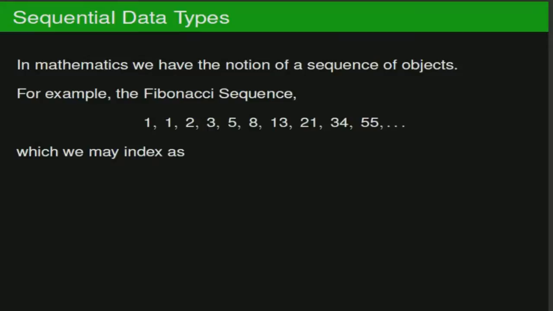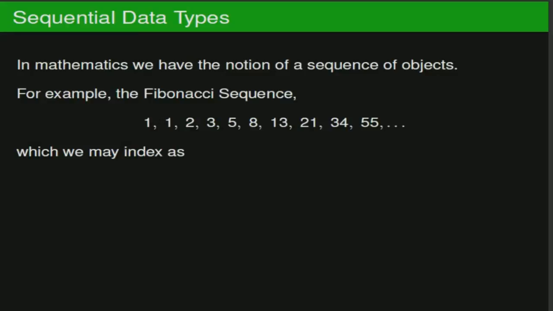To review a topic from mathematics, when we're talking about sequential data types, you're probably familiar with the idea of a sequence of numbers. You've probably seen the Fibonacci sequence, which is 1, 1, 2, 3, 5, 8. Remember that for the next term in the sequence, you just add together the two previous terms that came before it.